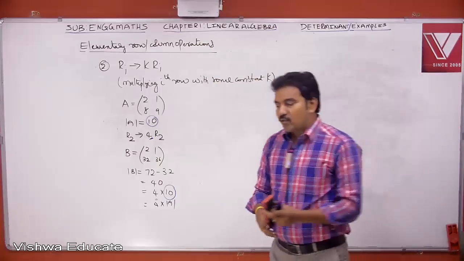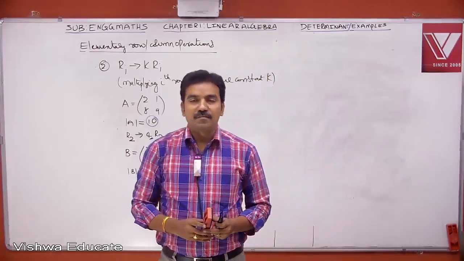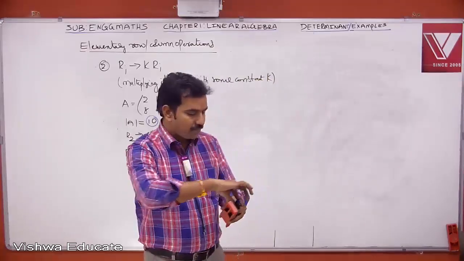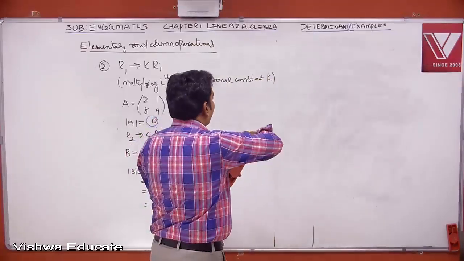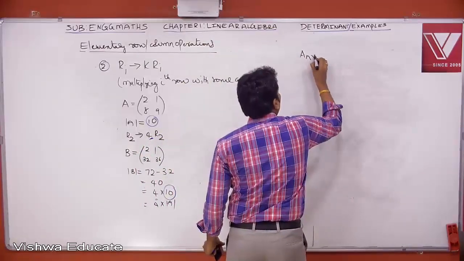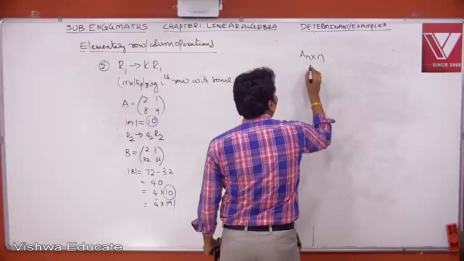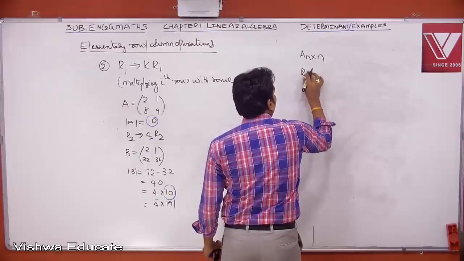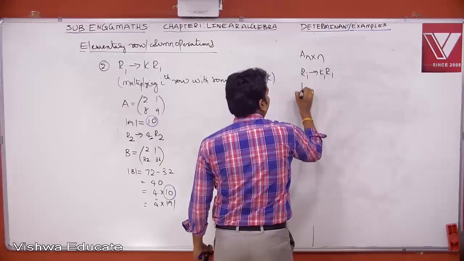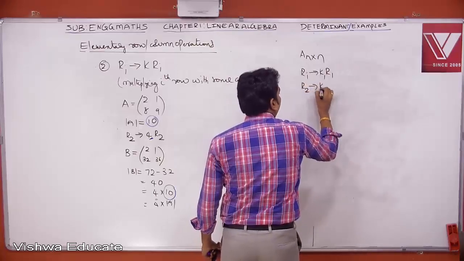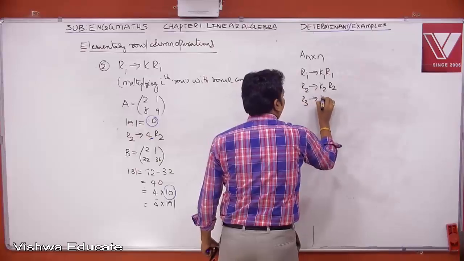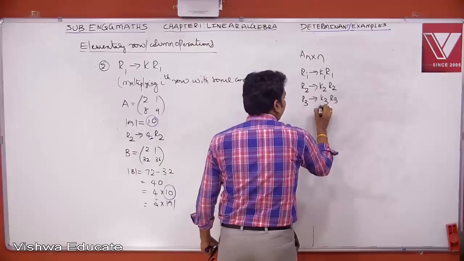Now, let us try to implement the same operation for different rows by taking different constants also. Suppose I have an n cross n matrix A. Here R1 is multiplied with some constant K1, R2 is multiplied with some constant K2, R3 is multiplied with some constant K3, and so on.